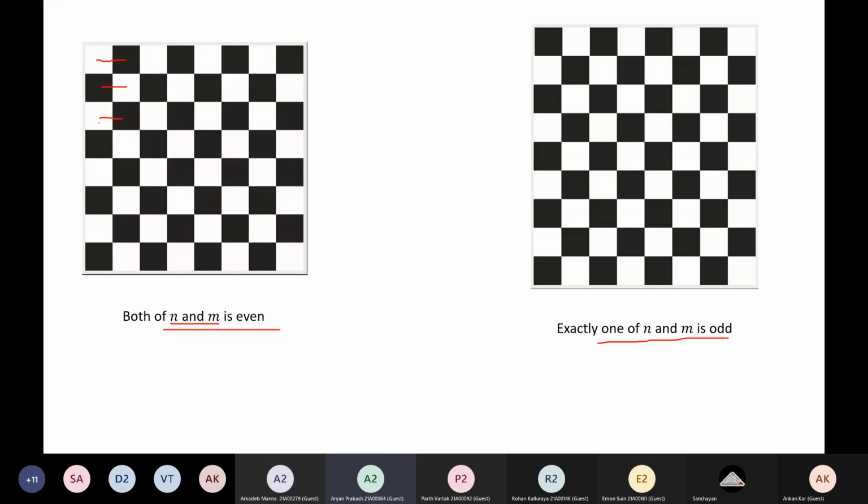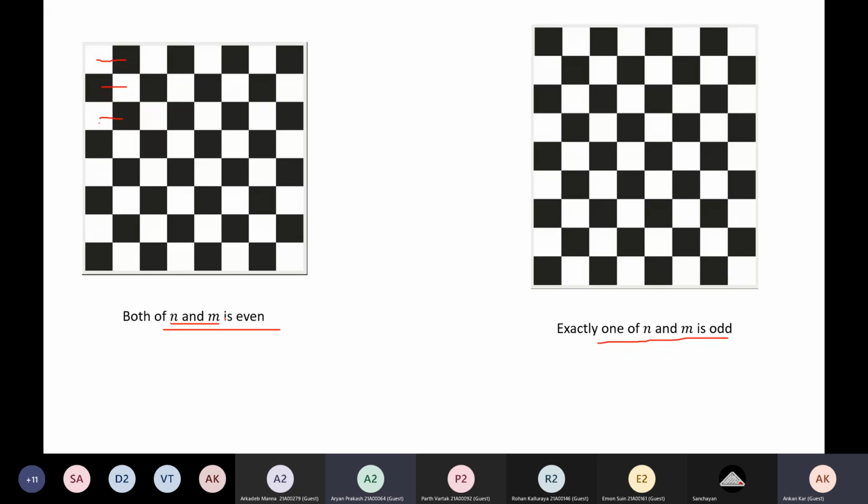I mean, what is the contradiction when you can't cover one row or column completely? You mean if you put k odd, right? Yes, so I didn't understand why. I mean, what exactly is going wrong? In which one, n and m even? Yes, I guess so, the first case.